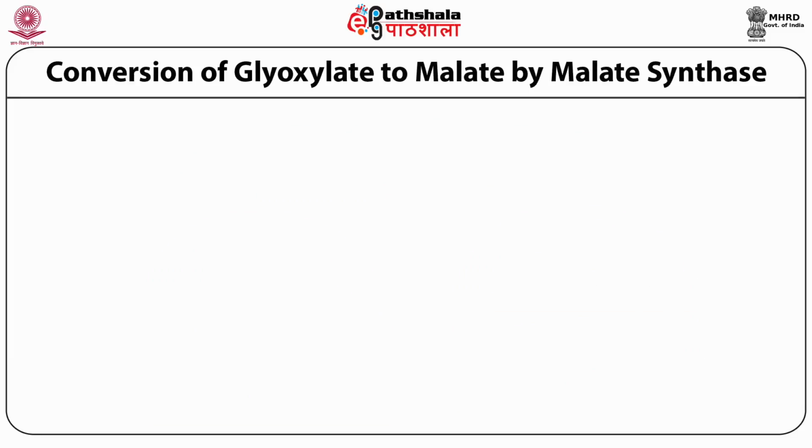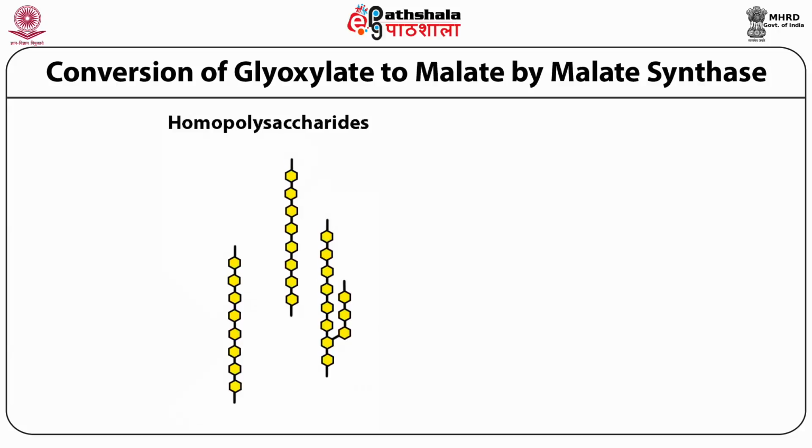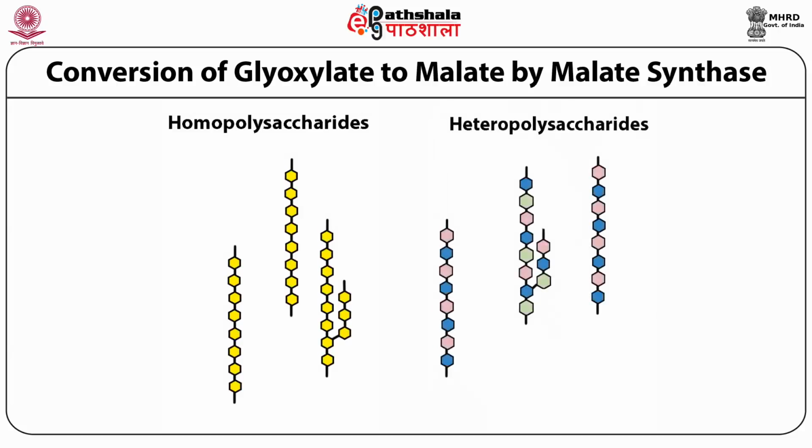Polysaccharides are of two kinds, homopolysaccharides and heteropolysaccharides, based on the type of monosaccharide they consist of. Polysaccharides consisting of the same type of monosaccharide are called homopolysaccharides. Homo means same kind, and polysaccharides consisting of more than one type of monosaccharide are called heteropolysaccharides.